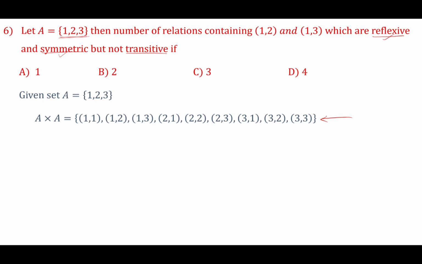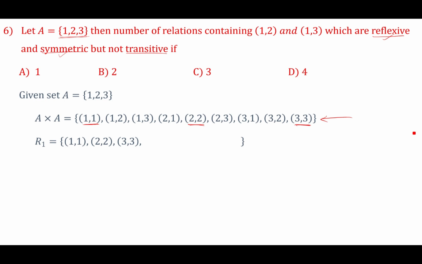so that the relation must be reflexive and symmetric only. So at first, I am going to consider all ordered pairs with the same elements, (1, 1), (2, 2), and (3, 3), because all these ordered pairs with the same elements satisfy reflexive, symmetric, and transitive relation.